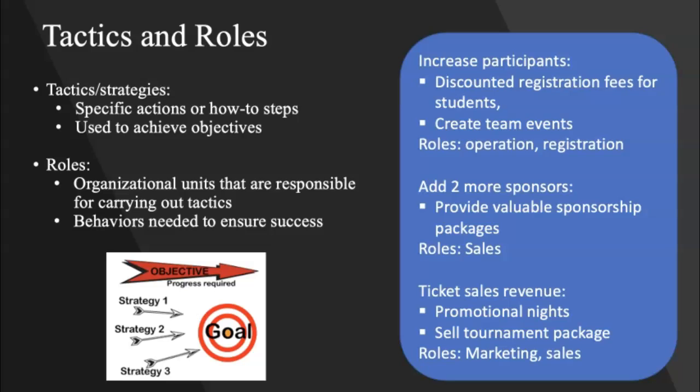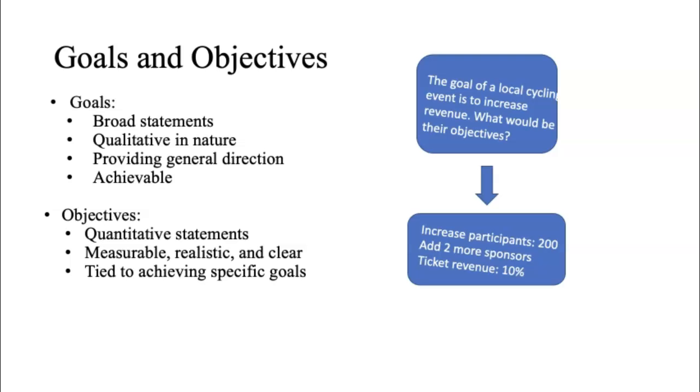And for the roles, since we have developed strategies, we would like to assign each particular task to each department, and let them work together to help us achieve the objective we mentioned previously. Right. So I'll give you an example. We do the same example. For the cycling event, they want to increase revenues, right? They want to increase participants, add more sponsors, and increase ticket sales.